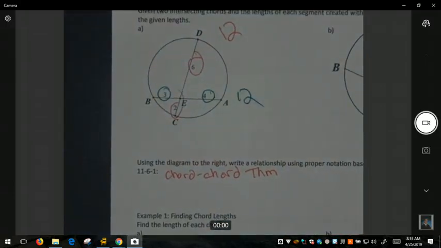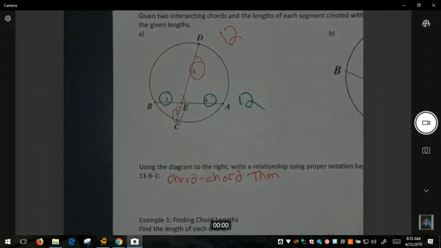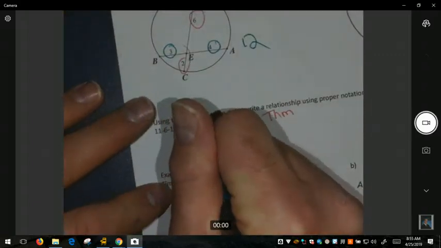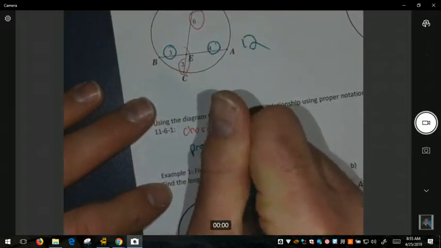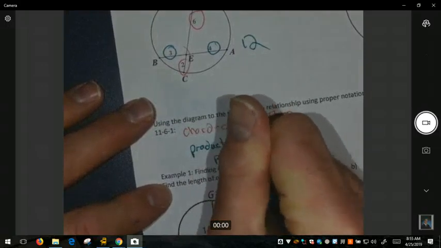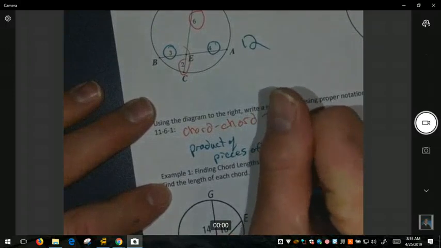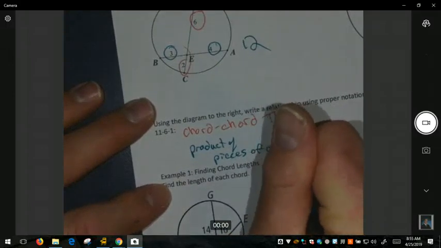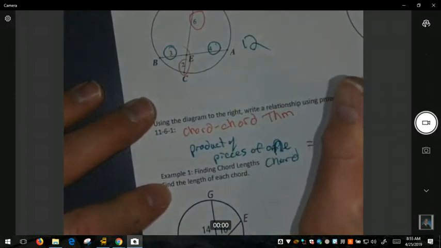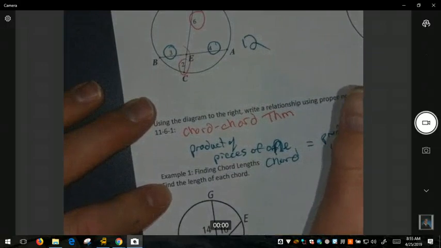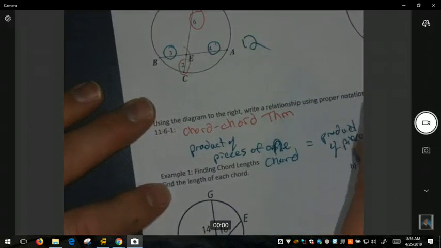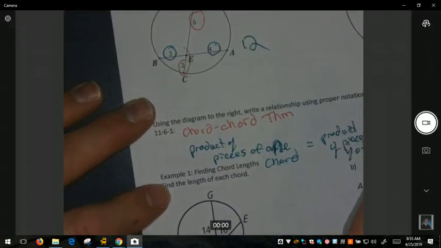Chord-chord theorem tells us that the product of the pieces on one chord equals the product of the pieces on the other chord. Product of pieces of one chord equals product of pieces of other chord.